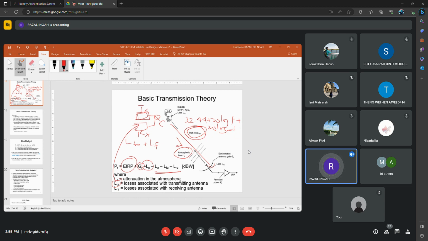For LRA, normally we don't consider this one, because to determine receive power we stop at the output of the receiving antenna gain. LRA is the losses associated with the receiving antenna. Same thing, it can be branching loss, LB, or feeder loss. But sorry, this one is not included.